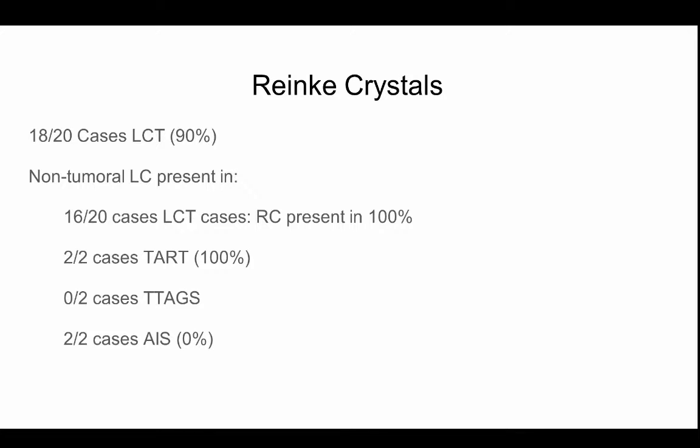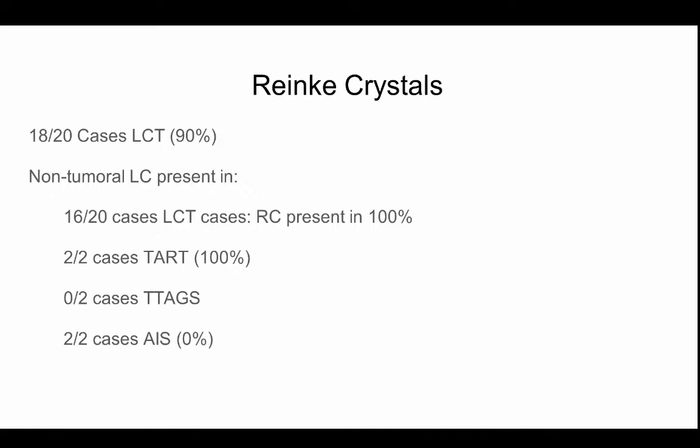And again, looking at Reinke crystals, we found them in 18 of the 20 cases of Leydig cell tumors, so much higher than has been reported in the literature, again, of only 1/3 of cases. And then again, evaluating non-neoplastic Leydig cells next to these lesions when they were available to look at. So they were available to look at in 16 of 20 cases of Leydig cell tumors.